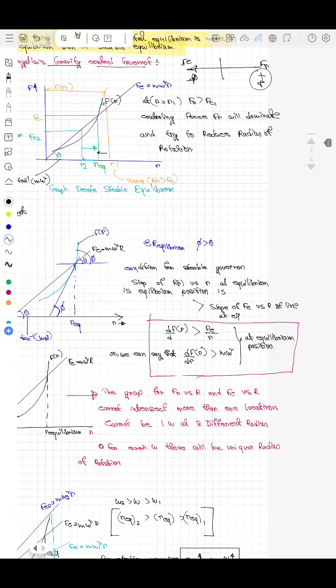That is the point: dF/dr, the slope of the r, theta.